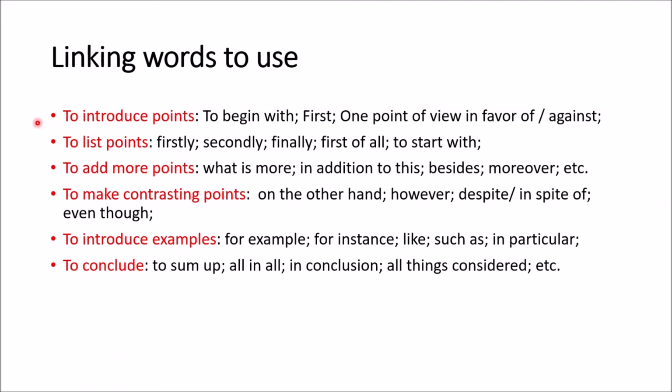Usually, to introduce points, useful linking words would be: to begin with, first, one point of view in favor of, or one point of view against. It depends what you are discussing. To list points: firstly, secondly, finally, first of all, to start with.